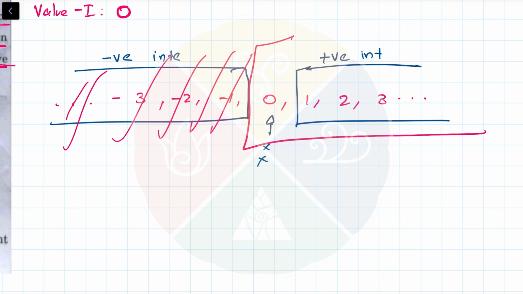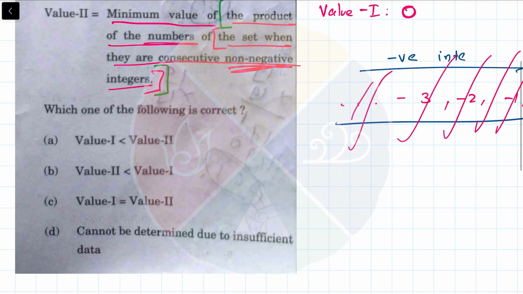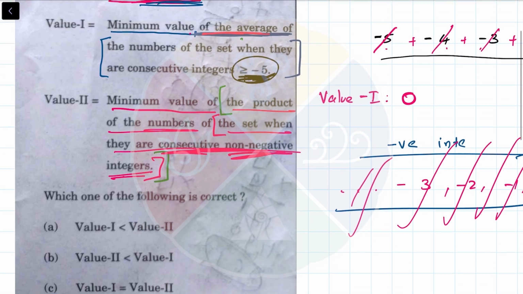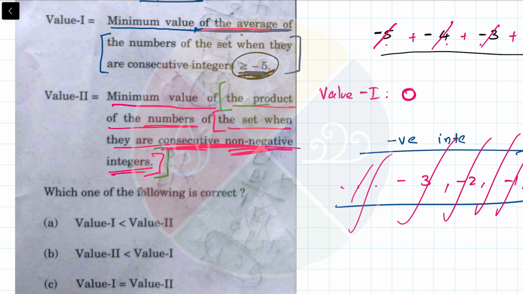So we are looking for the numbers 0, 1, 2, 3 and so on. So this set is non-negative integers. Basically we are looking for a set of consecutive non-negative integers, which are nearby. Consecutive means nearby. After finding that, we have to find the product of those numbers, and that value should be minimum.